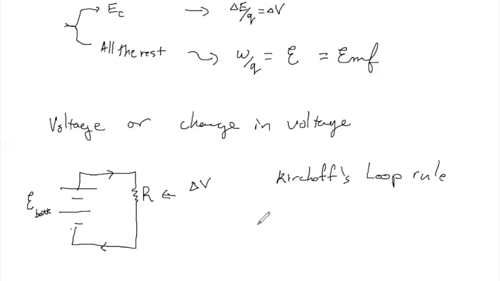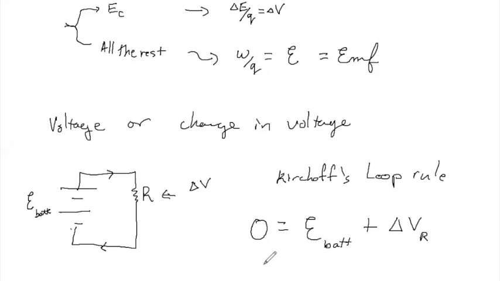And so that just means we're going to assert that zero equals the EMF of the battery plus delta V for the resistor.